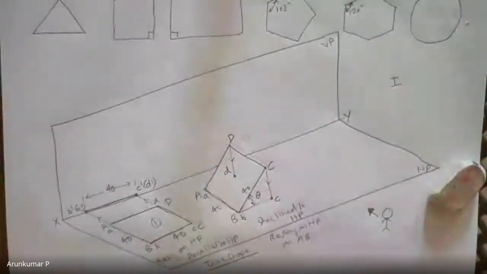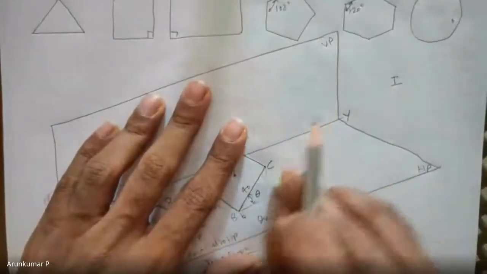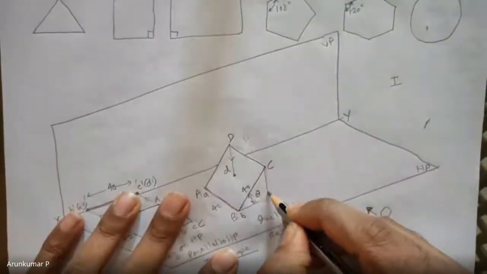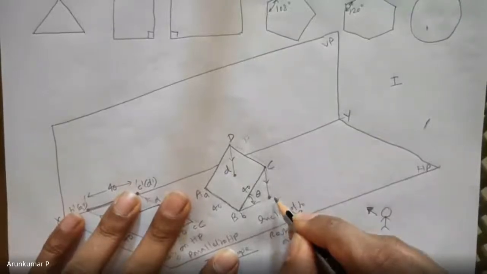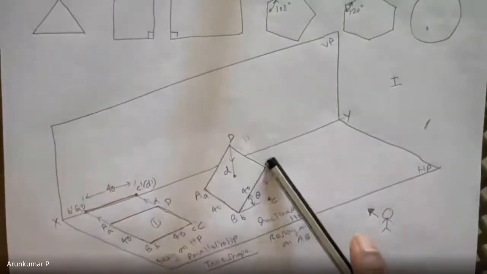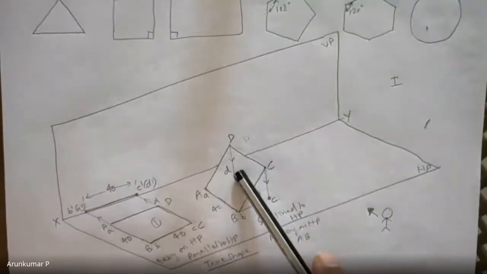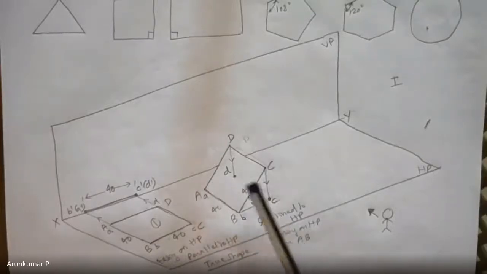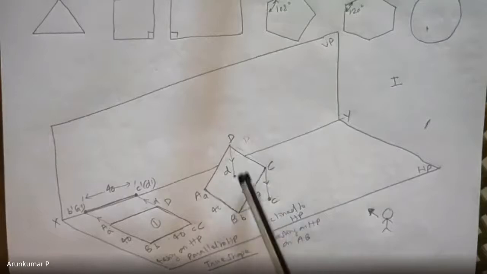If you observe carefully, I have projected the point C and got the top view of C. I projected the point D and got the top view of D. Both C and D are now on HP. So you have small a, small b, small c, small d. All 4 points are the top views of ABCD and they are on HP.